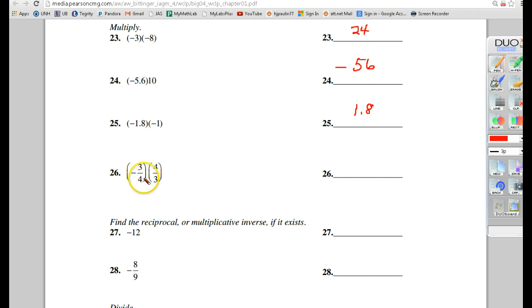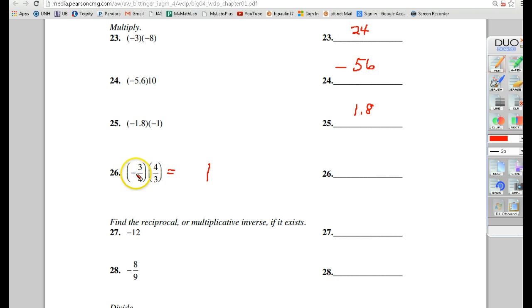Now here, notice what we have. We have a negative 3/4 and a positive 4/3. Now if this was not a negative here, that would equal a 1, because these numbers would be reciprocals of each other.